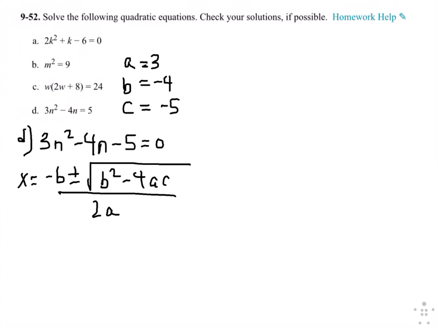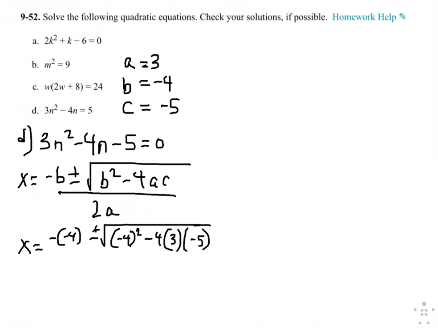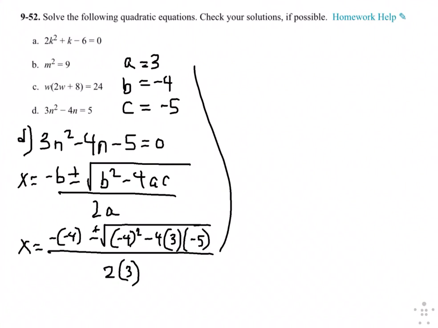So now I substitute in. x equals negative negative 4 plus or minus the square root of negative 4 squared, minus 4 times 3 times negative 5, all over 2 times 3. Okay, now I'm going to simplify.